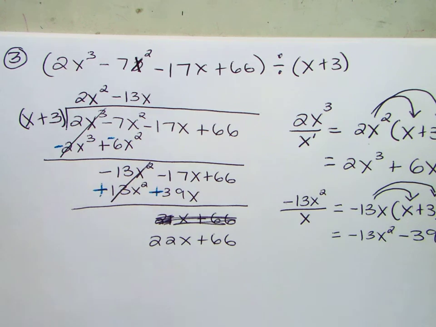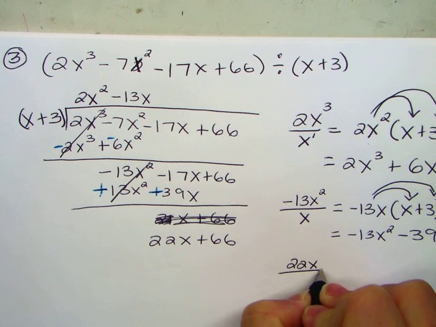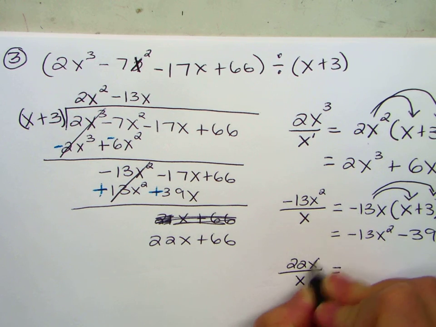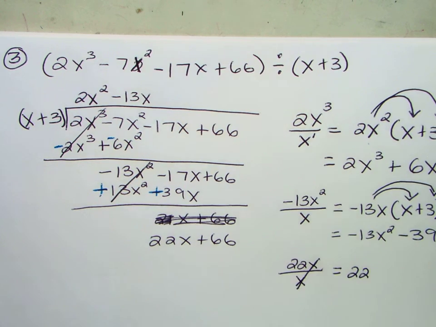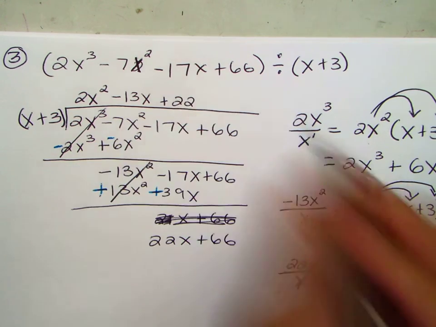All right, last time. Take that leading term, 22x, divide by the leading term, x. The x's cancel, and you just get 22. The 22, it's positive, goes up top.